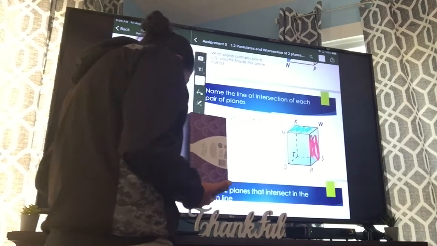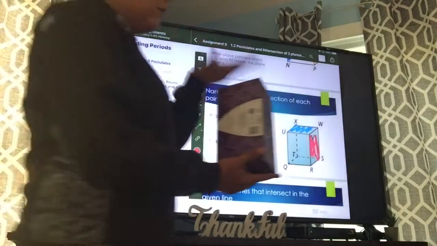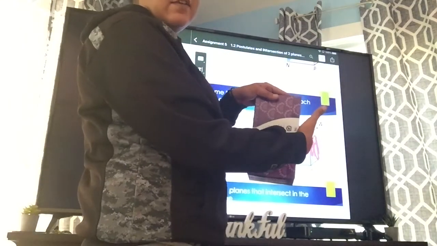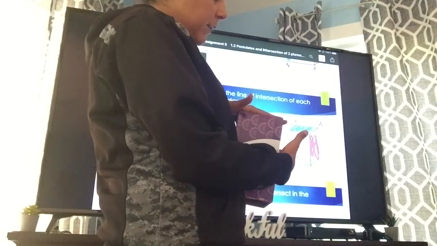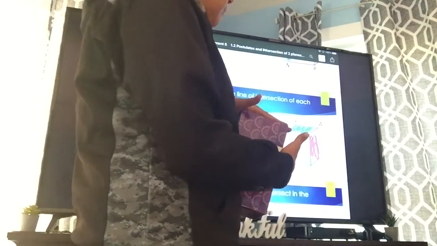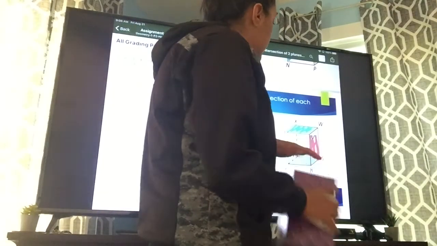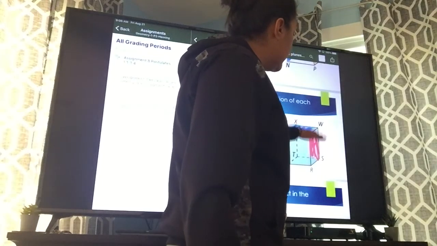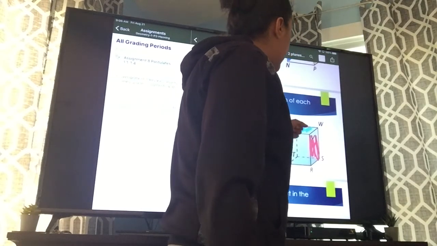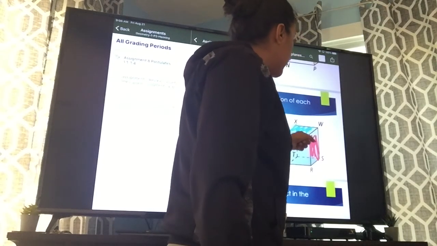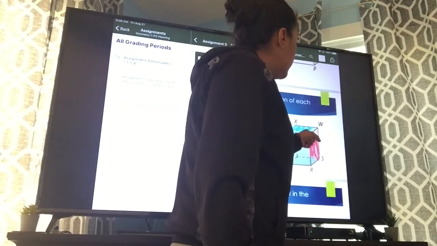So what is going to be the line of intersection from the top to the side? Okay, we got the top and the side. What is going to be our line of intersection? So you got to look and see what points do they share. What points lie on the top one and the side one? Well, the points are going to be VW.